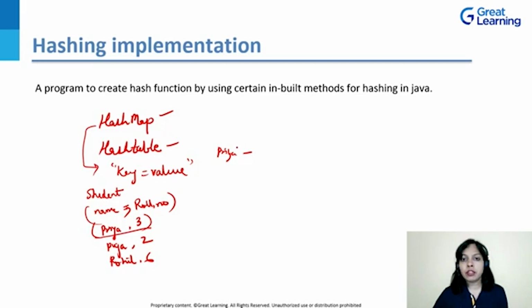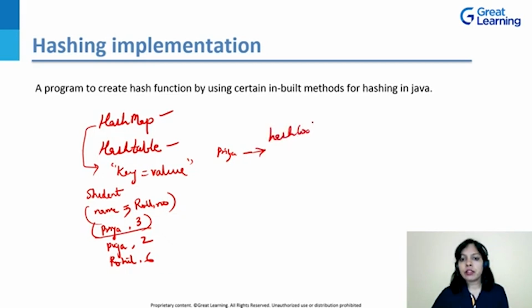In fact, for every object which we create of the wrapper classes in Java, there is a hash code. I'll show you the implementation of what I said right now in the IDE also. But try to understand the concept, the logic, first. That is, the student Priya is passed to the hashing function and it generates a hash code.